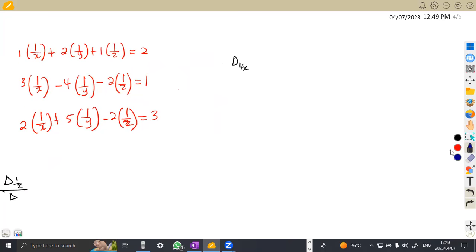So this is going to give us the constants 2, 1, and 3. The rest remains as it is, which means we've got 2, minus 4, and 5. We move on to z. This part of 1 over z, we have 1, minus 2, and minus 2 like this.